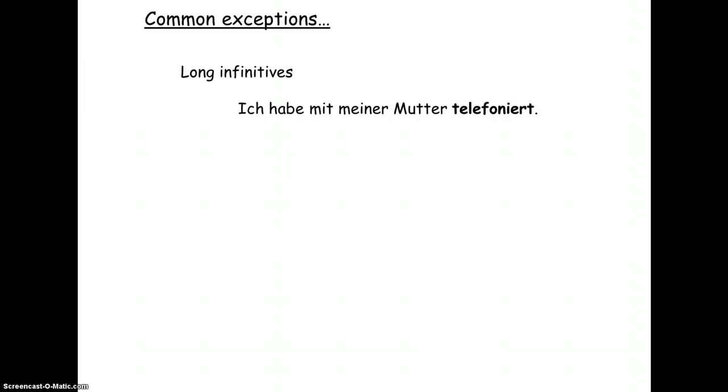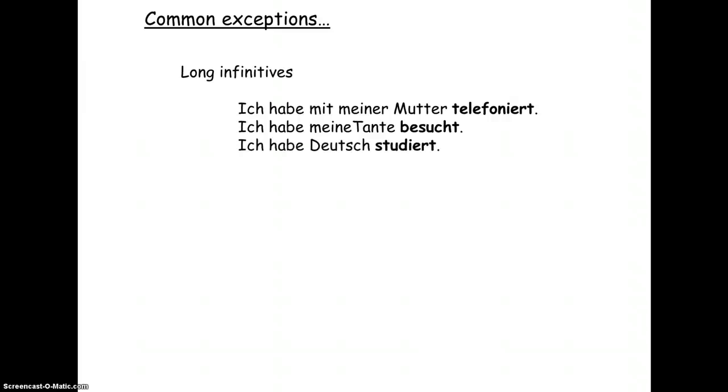Telefonieren isn't on the strong verb list, but because it's a long infinitive, there's no GE at the beginning. Here's some more examples. Ich habe meine Tante besucht. And it's very often verbs that are three syllables long or more. So besuchen, telefonieren.